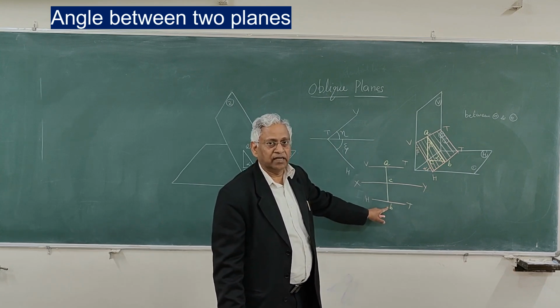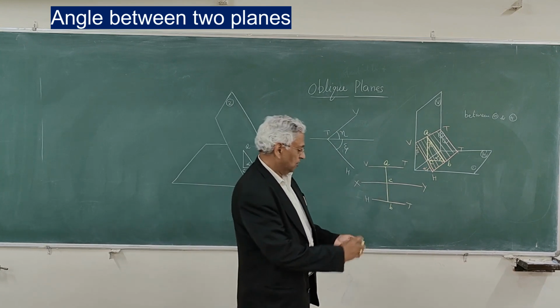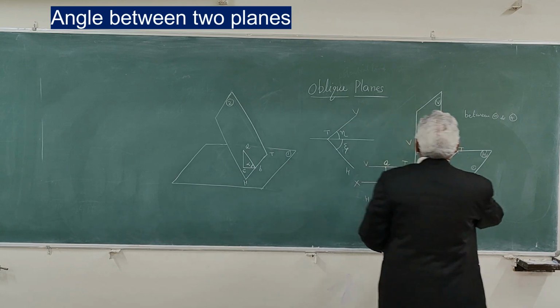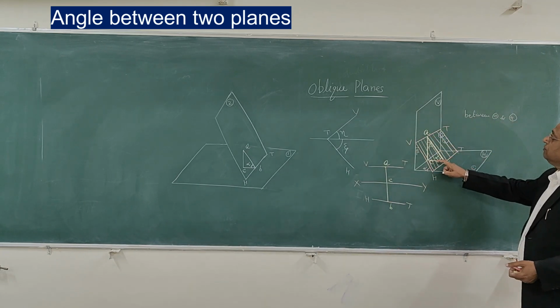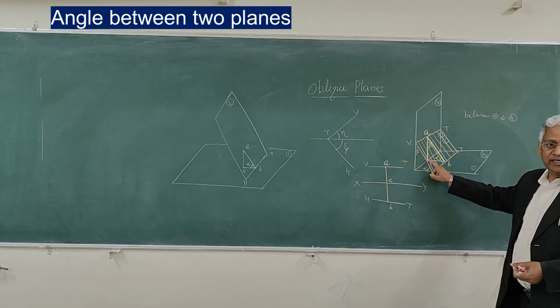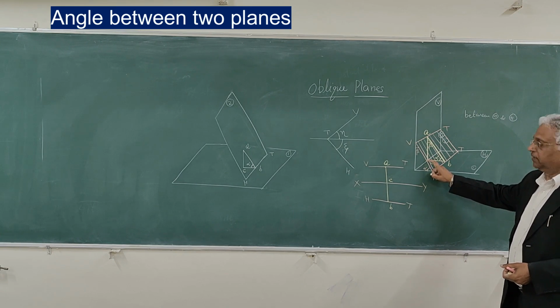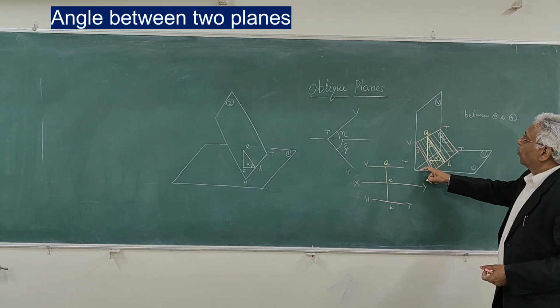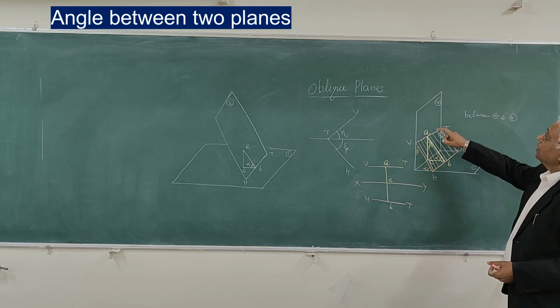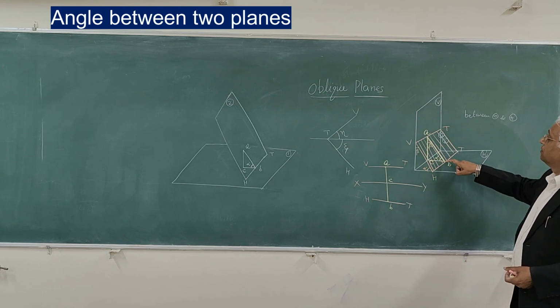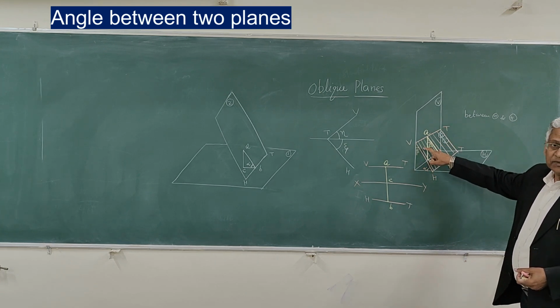Now how do you get this angle? To get that angle, you rotate this plate about this side AC, the vertical side AC, and bring it into the vertical plane, so that you can measure this angle at B in the vertical plane.